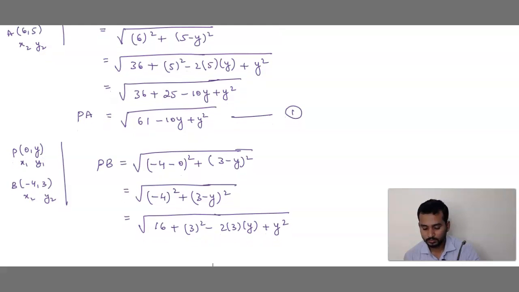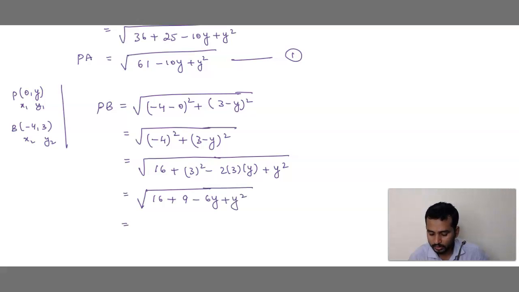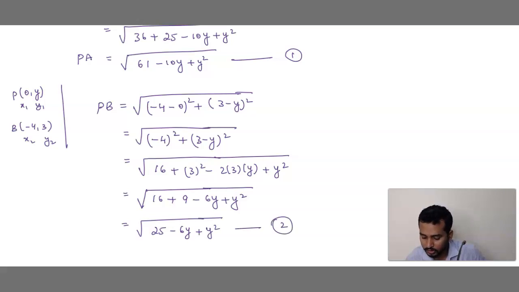Any doubts? Now it is equal to root of 16 plus 3 square is 9 minus 3 twos are 6y plus y square, which is root of 16 plus 9, 25, minus 6y plus y square. This is nothing but equation 2.